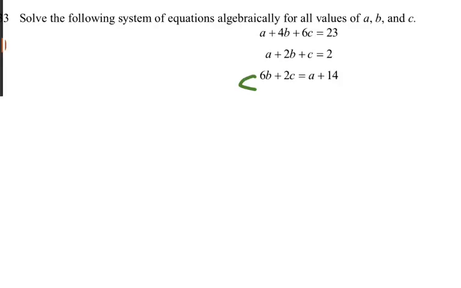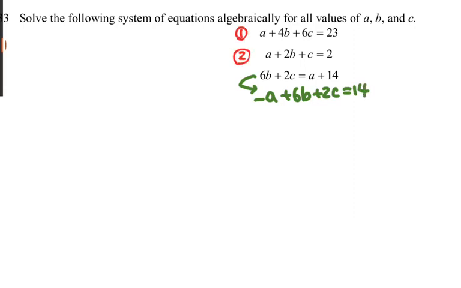All right, they want us to find the values of a, b, and c. So first, I'm going to write down the third equation so that a will be the first term, and then b and c. So I'm going to rewrite that: negative a plus 6b plus 2c equals 14.